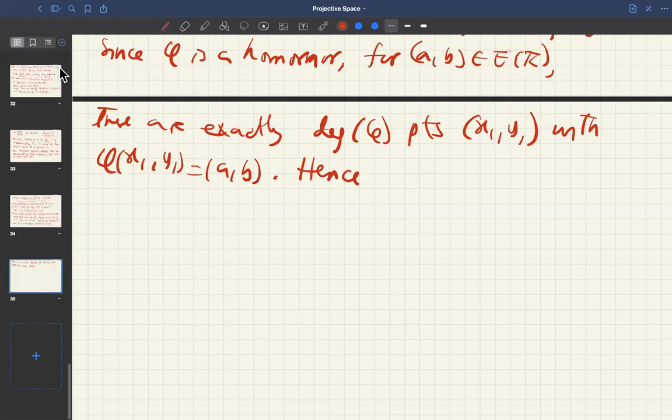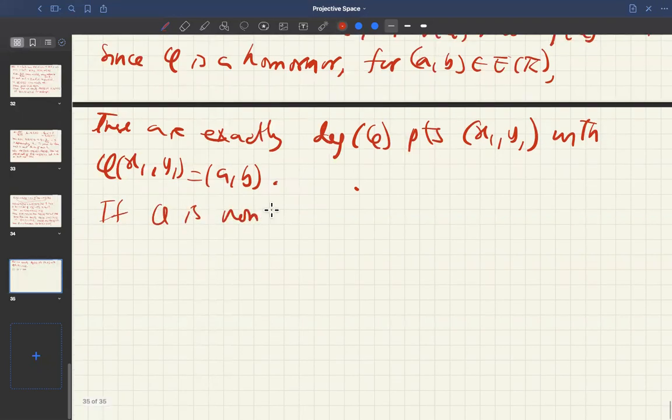Okay, so this completes the proof, but I didn't say anything about the non-separable case. If phi is non-separable, P1 dash minus a Q1 dash could be identically 0.